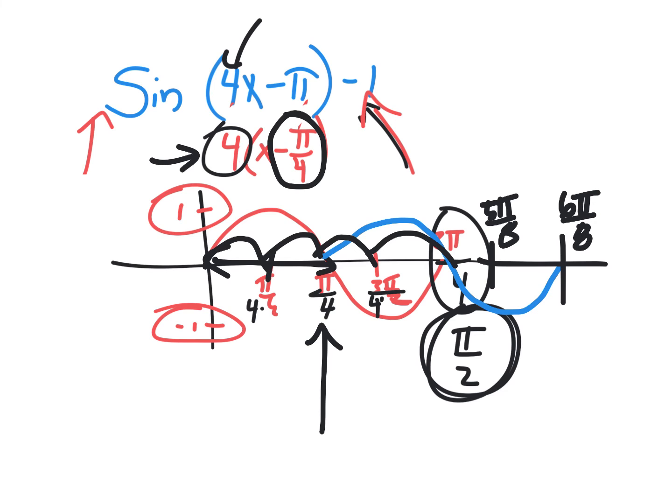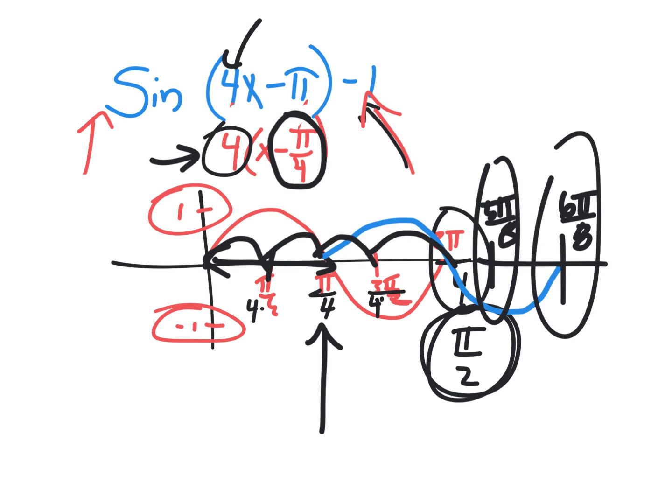And I'll actually tell you that since I think it's so important to know how to count by this, if you left it as 6 pi over 8, I wouldn't even mark it wrong, because I know it should be reduced, but I think too many times kids reduce stuff and then they don't know what they're counting by, and it's really hard for them to count. We're counting by pi over 8s. So then I knew that these last 2 were 5 pi over 8 and 6 pi over 8.